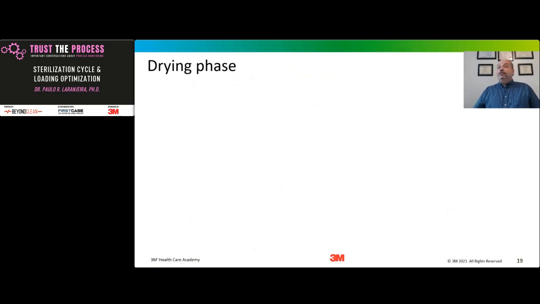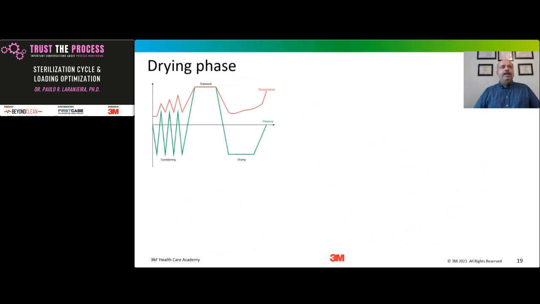All right, now the drying phase. The drying phase is the last phase of the sterilization, and we use it to dry the load. It's a phase that allows you to extend the drying.